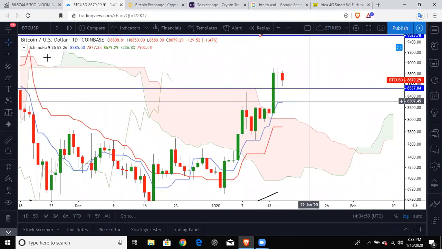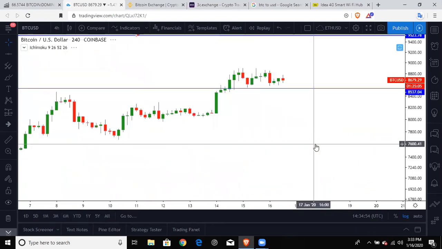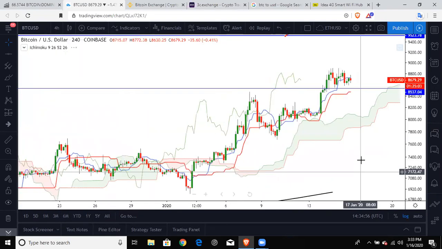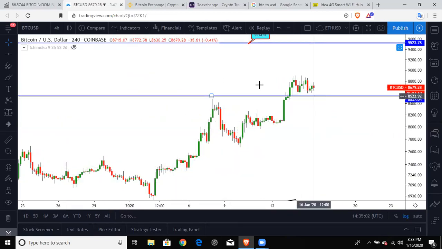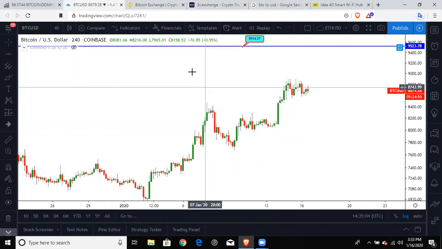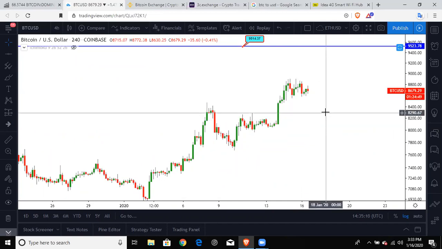And another thing again, going down to the 4 hours time frame, something is quite different around here. So I would explain this without this Ichimoku. What I'm actually seeing here is a pennant flag pattern, a bullish pennant flag pattern.